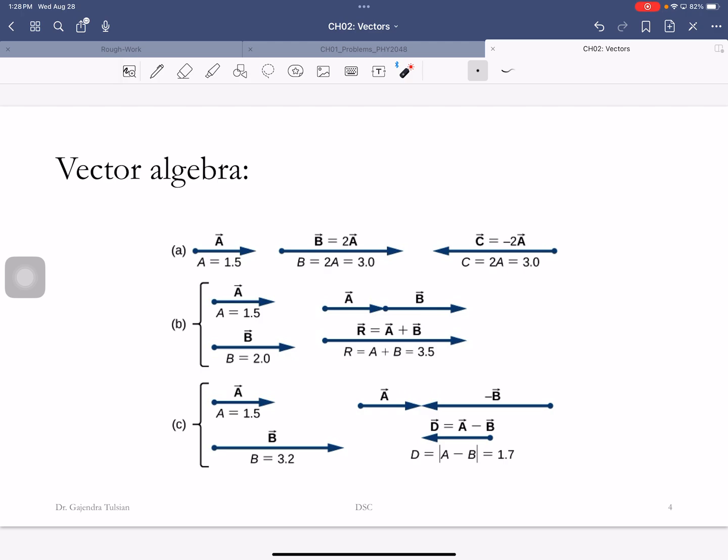So that was intuitively clear. Minus 2A, the negative sign, you also intuitively understood, is a vector pointing in the opposite direction.